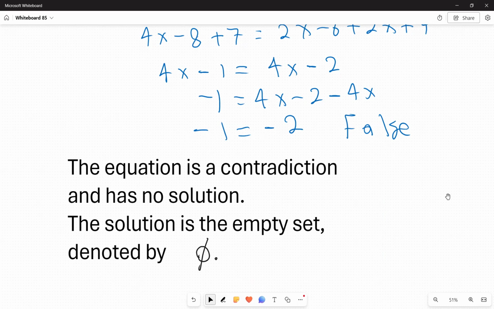So these are the two situations that I wanted to illustrate: an identity, where every number is a solution, and a contradiction, where there's no solution. Thank you for listening.